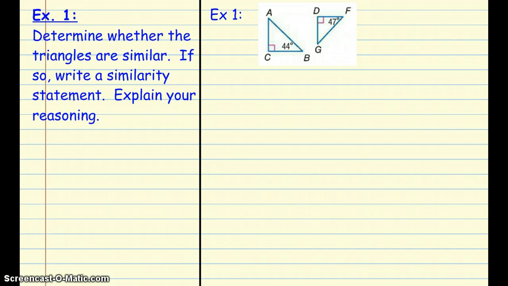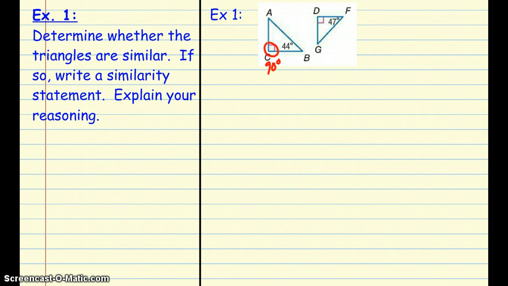This first one, we want to determine whether the triangles are similar, and if so, we're just going to explain why. So we've got triangle ABC and triangle DEF, and we see that in triangle ABC, it has a right angle, so a 90-degree angle and a 44-degree angle.